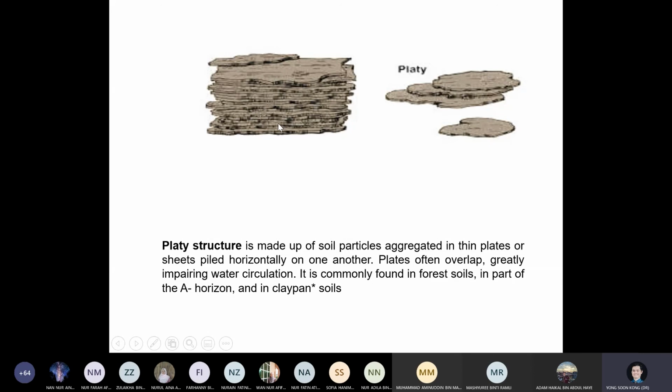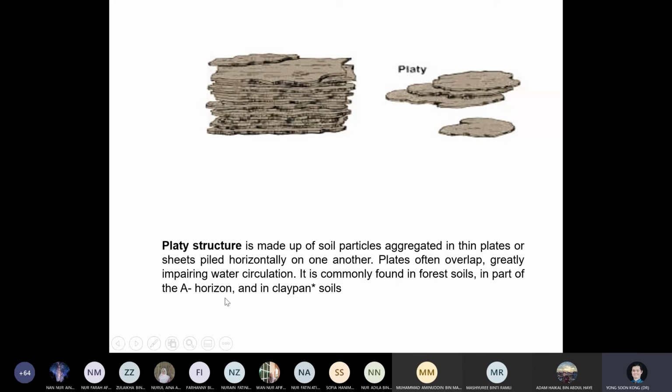Although the earlier slide says it is possibly found in the E horizon, due to the weathering cycle of wetting and drying, I would say usually this is found in the A horizon, the top one, because in order to have all these cycles, the outermost surface of the soil is exposed to the wetting and drying cycle to form this platy structure.